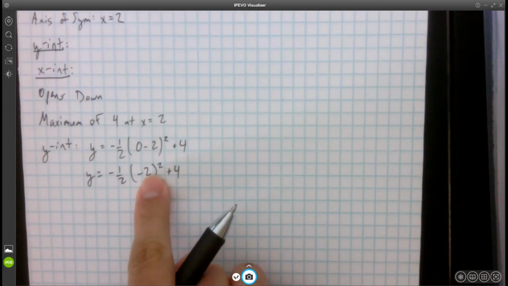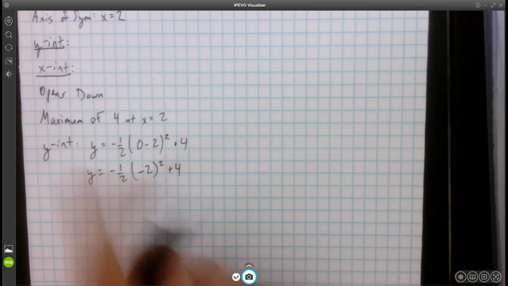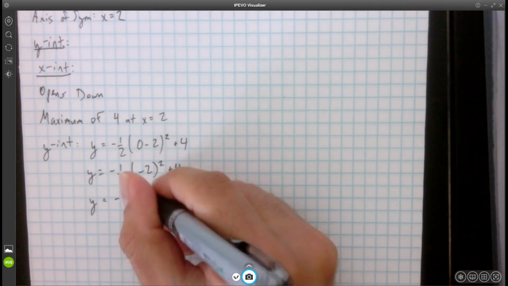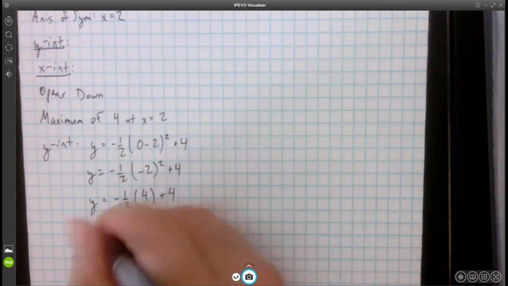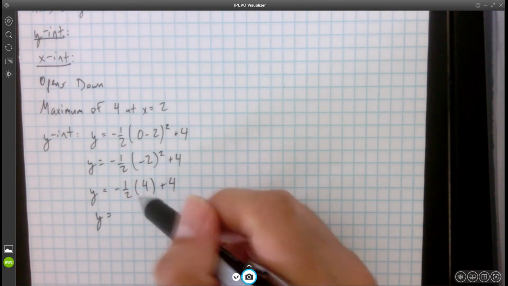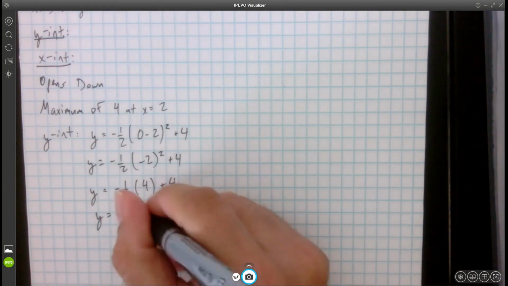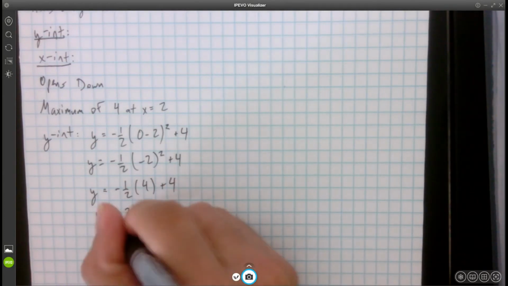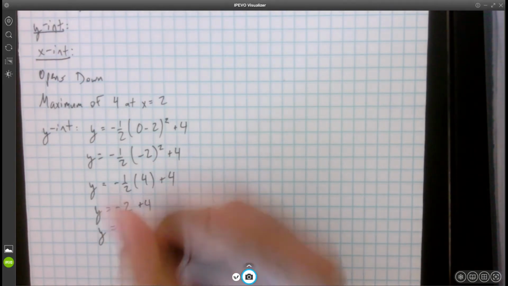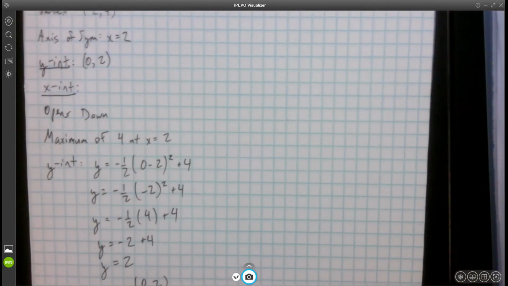Following order of operations, I square the parentheses first: negative 1/2 times 4 plus 4. Negative 1/2 of 4 is negative 2, plus 4. So y is equal to 2, and my y-intercept is (0, 2).